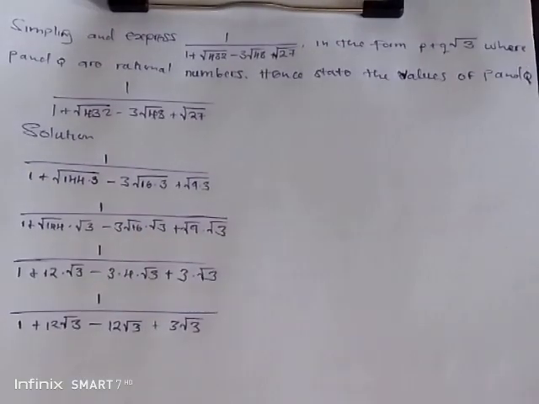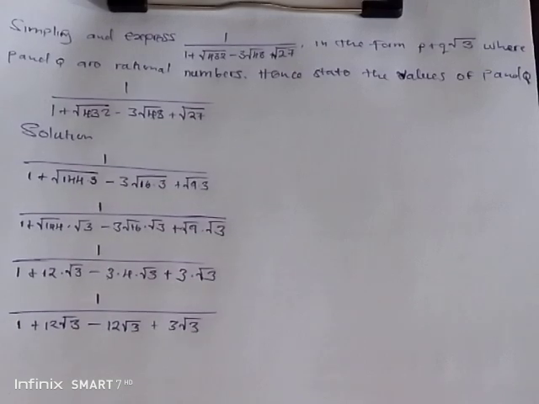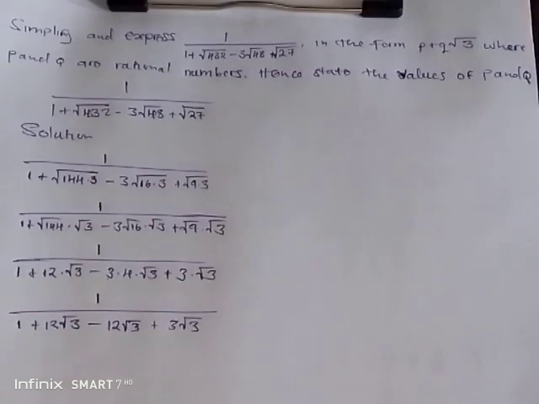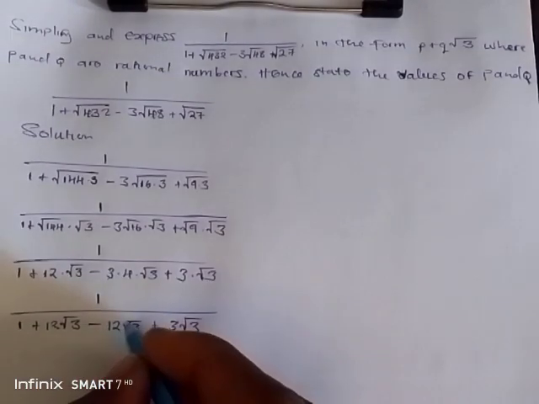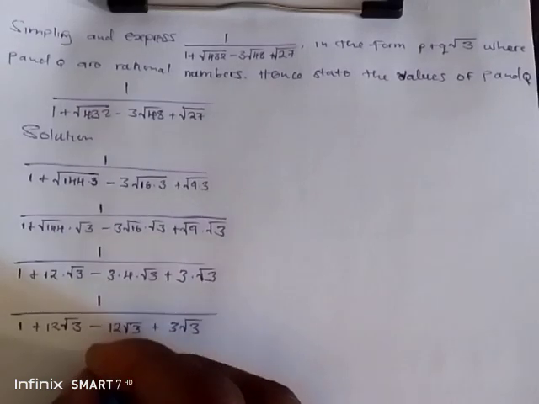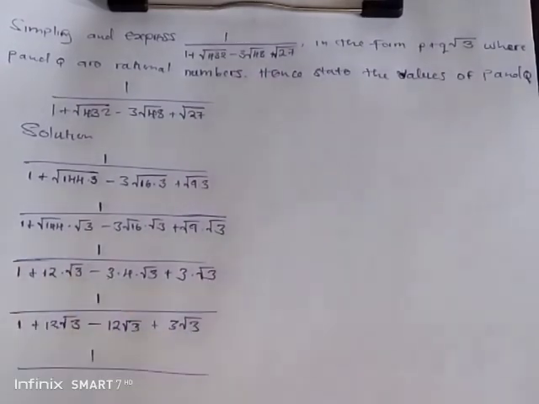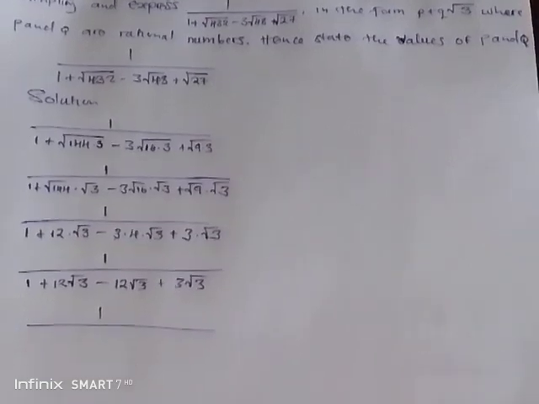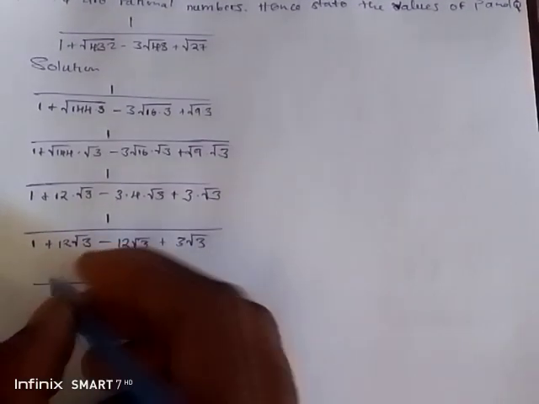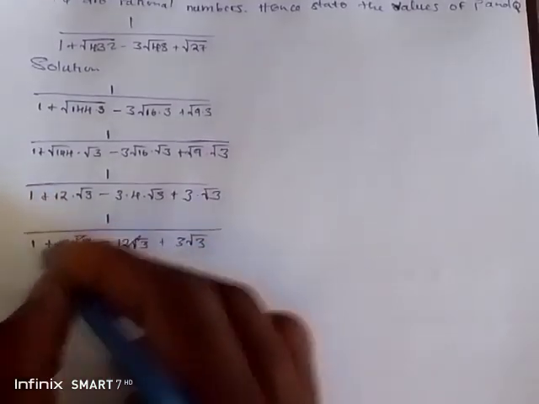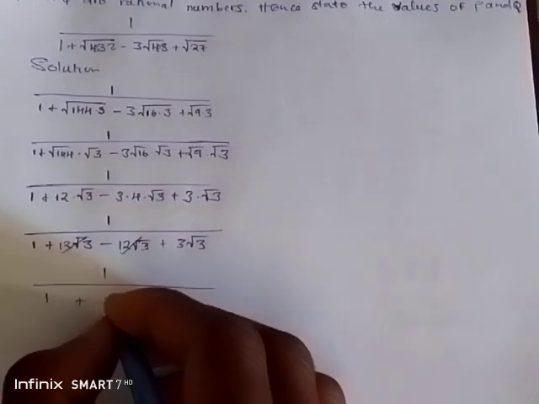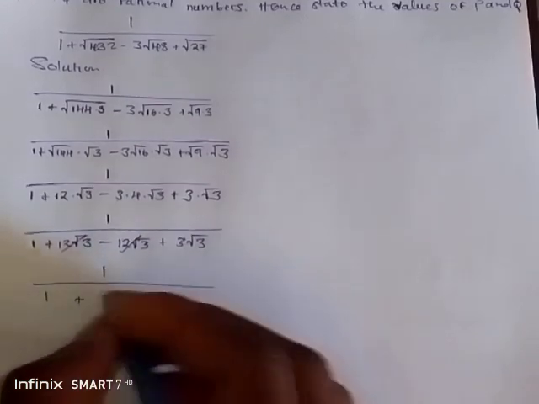That is how it's going to be. Now, you can see that this and this one can cancel. If you work out these two, they are going to give us a 0. So if this one and this one cancel, we are going to remain with 1 plus 3 root 3.